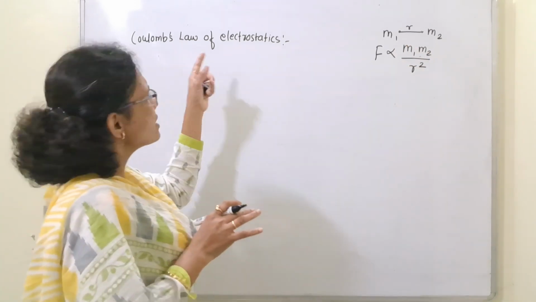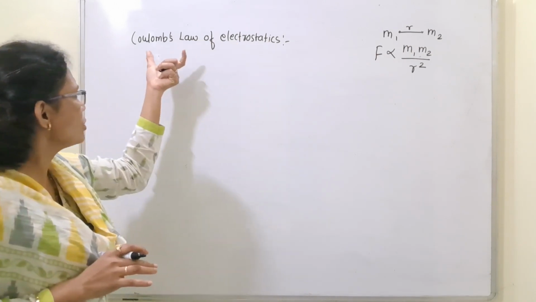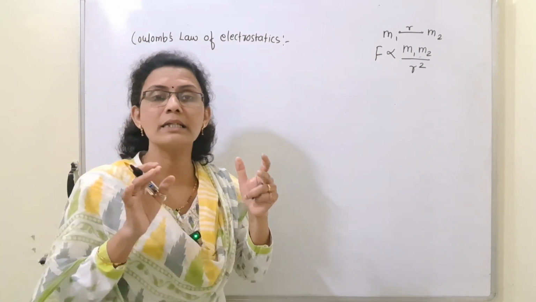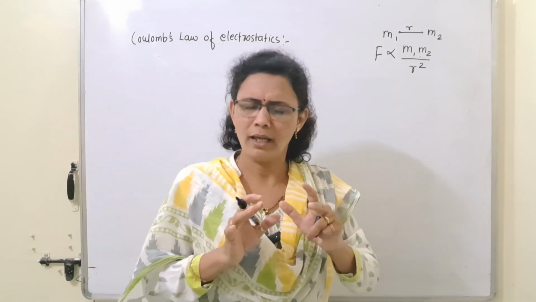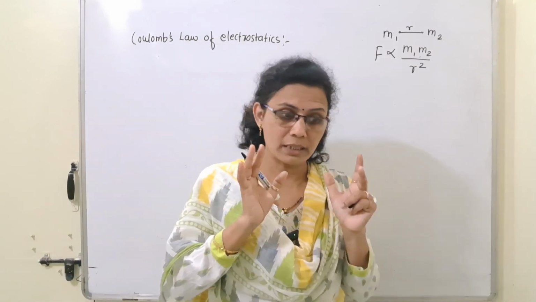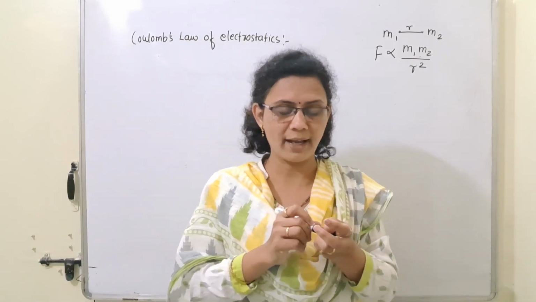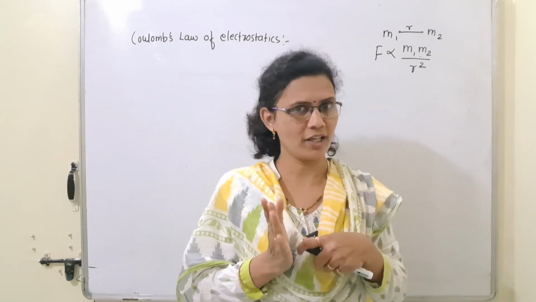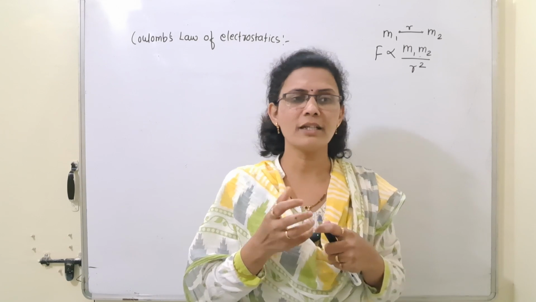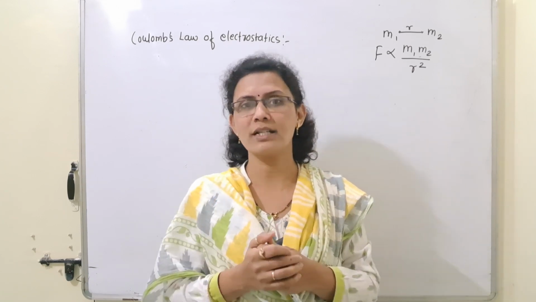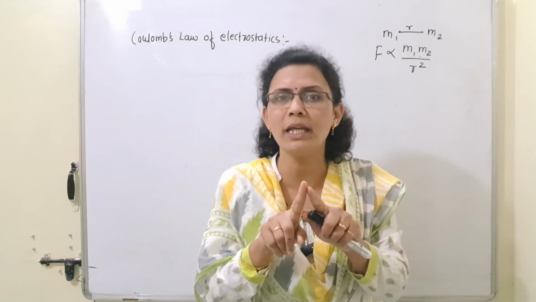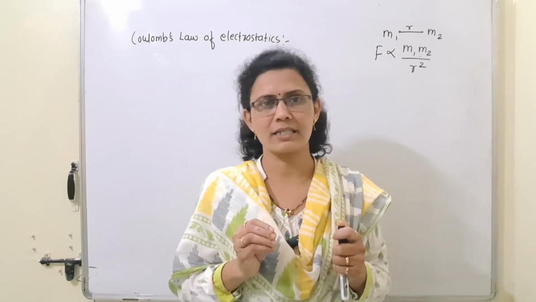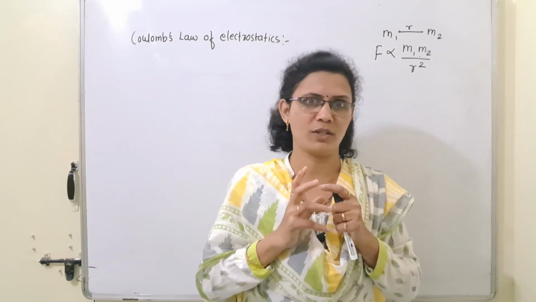Similar to this law, Coulomb's law of electrostatics is for any two charges. But in the case of charges, charges are of two types, positive and negative. If we consider two positive or two negative charges, that is like charges, there will be repulsion, and if we consider unlike charges, there will be attraction between them.